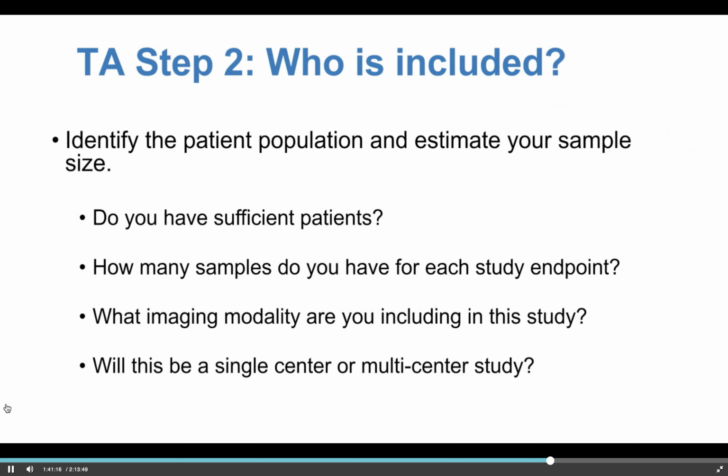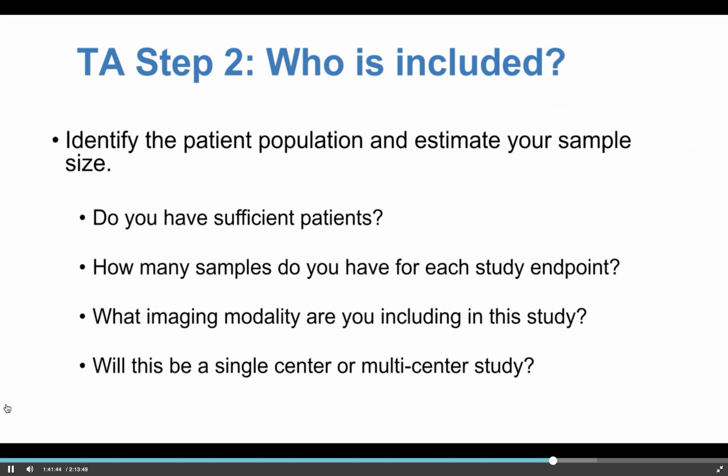What imaging modality are you including in the study? Right? I've shown you so far some CT-based texture analysis. You can obviously use MRI as well, but mixing the two becomes a problem. You can't just include every imaging modality in the same study. Select one, and for CT, select either non-contrast or contrast-enhanced CT, so that you don't have problems of reproducibility in your texture features.